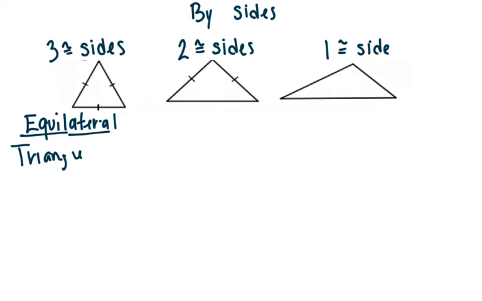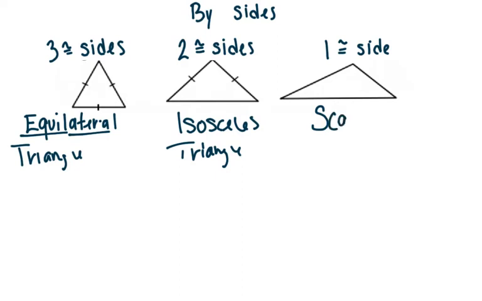Anytime you see that word lateral, it means sides. Okay, if it has 2 congruent sides, that's when you call it an isosceles triangle. And if it has 1 congruent side, or you can say no congruent sides, I guess that would be a little more appropriate, that's when you have a scalene.